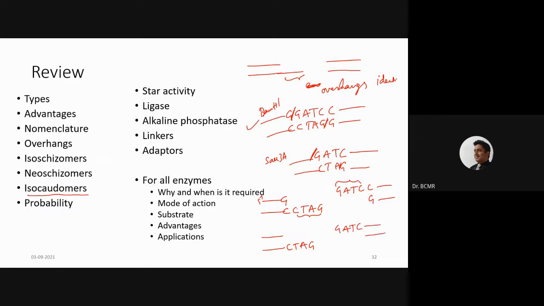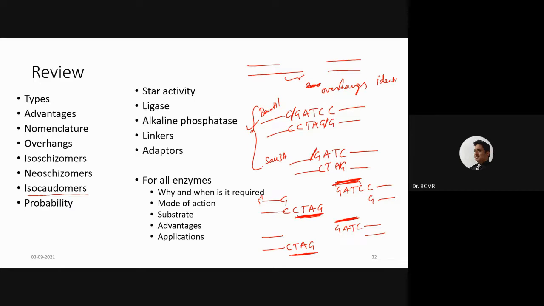You are only bothered about what the overhang is. Read the overhang from 5' to 3'. We will read GATC. The overhang here is also GATC, GATC, and GATC. So BamHI and Sau3AI, because they give rise to the same overhangs, are called isocaudomers.